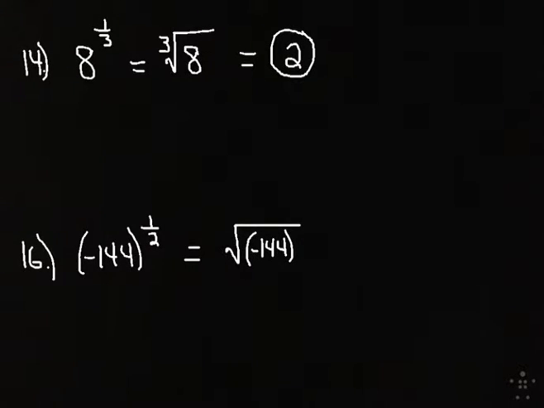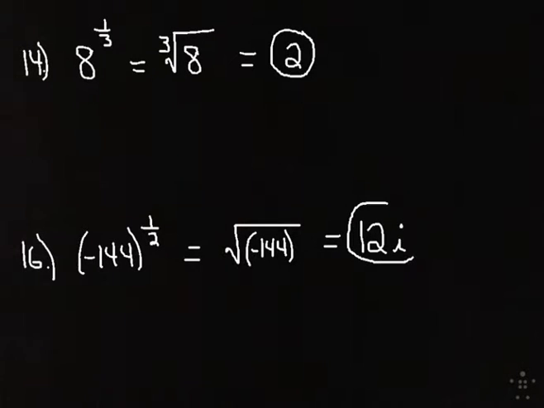The square root of 144 is 12, and the square root of -1 is i. Remember, if you have an even index, you can't take radicands if they're negative unless you use complex numbers. So just 12i, and we're just dealing with positive roots here.